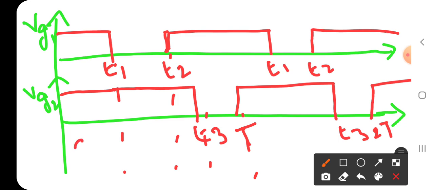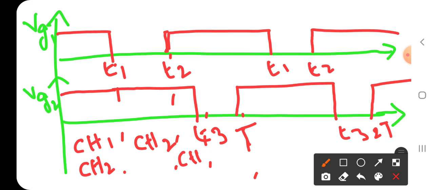First, chopper 1 and chopper 2 are on. Next, only one chopper is on. Then from T2 to T3 again chopper 1 and chopper 2 are on, and from T3 to T only chopper 1 is on.